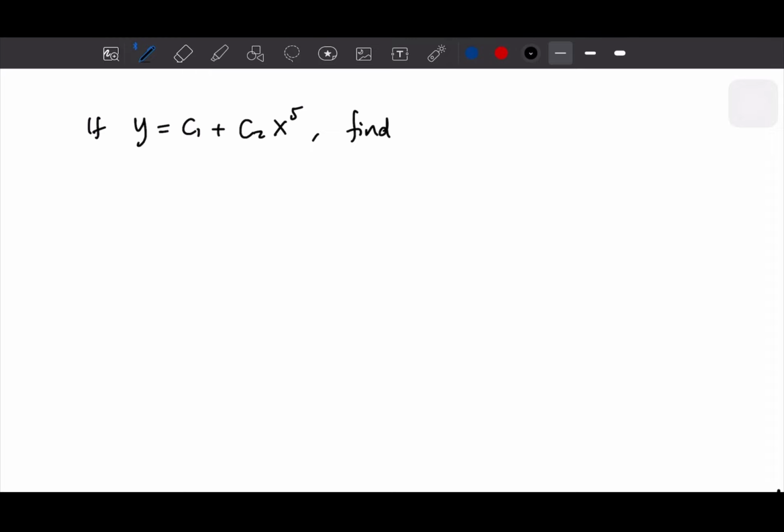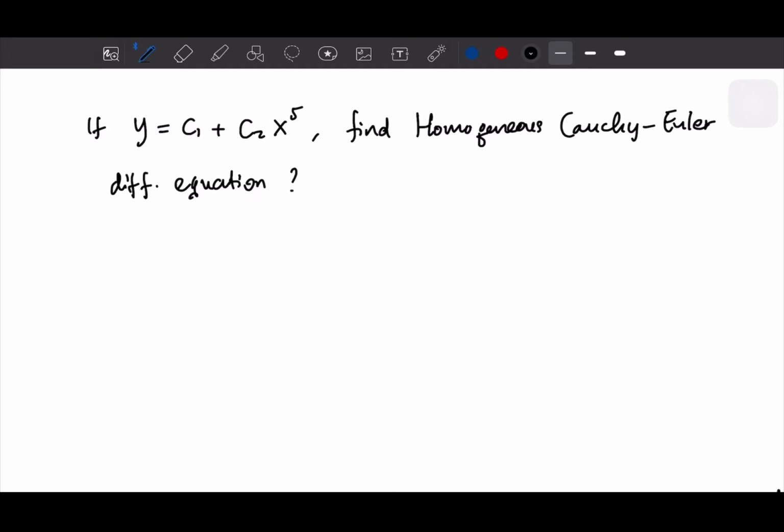Find the homogeneous Cauchy-Euler differential equation, which means that maybe the complete question is, if this is the solution of the Cauchy-Euler, what is the differential equation? So you are now given the solution. This is the solution. Now you need to rearrange the differential equation.